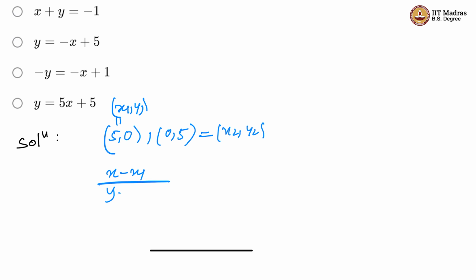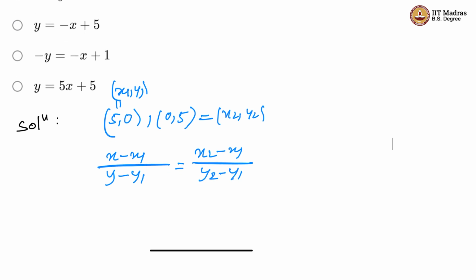We can take this as our (x1, y1) and this as our (x2, y2), right? So (x minus x1) over (x2 minus x1) equals (y minus y1) over (y2 minus y1). Okay, now we can directly put the values here. So it will be (x minus 5) over (0 minus 5) equals (y minus 0) over (5 minus 0).